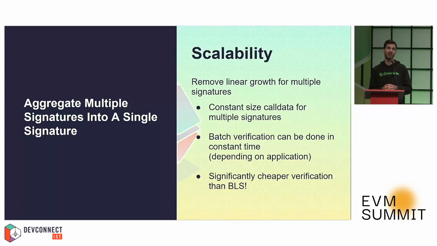And the other cool property is that you can do batch verification in constant time. It doesn't matter if you have 5 signers, 100 signers, or 10,000 signers. Depending on how you set it up, verification of a Schnorr signature can be done in constant time. And now, reflecting on Schnorr versus BLS, BLS is actually much more expensive to verify on chain. So I think people are really sleeping on the potential of Schnorr signatures here.